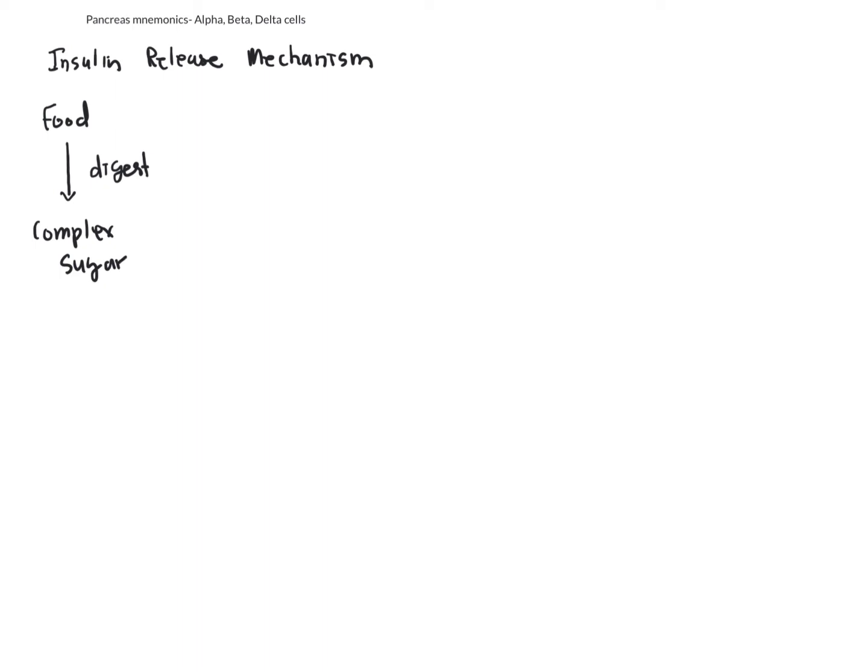Now, the complex sugar consists of three things. It includes the maltose, the lactose, and the sucrose.